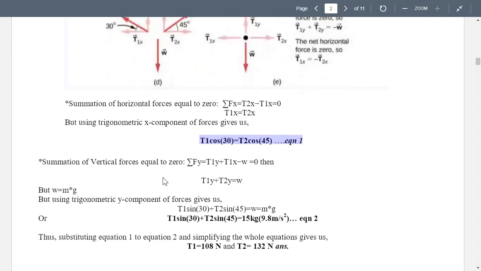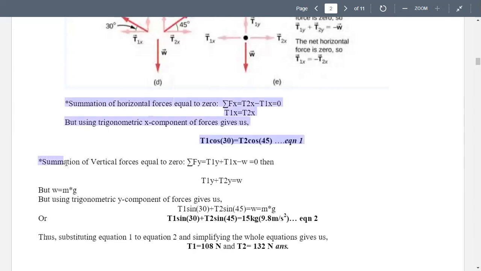Since we have two unknown variables, we need another equation, so that we can solve the two equations and determine the values of the two unknowns. We establish our second equation through the summation of vertical forces, equated to 0.